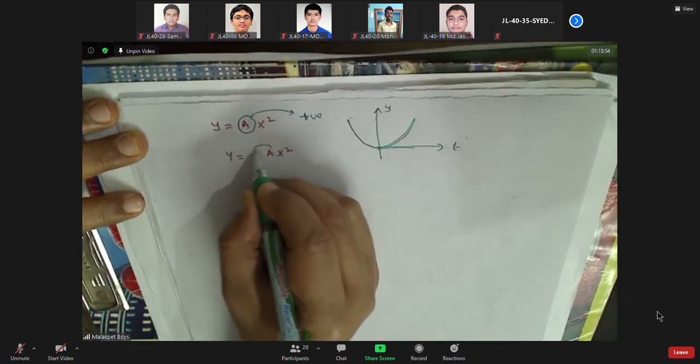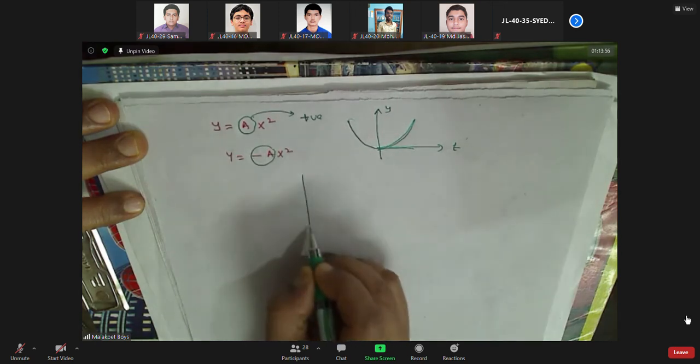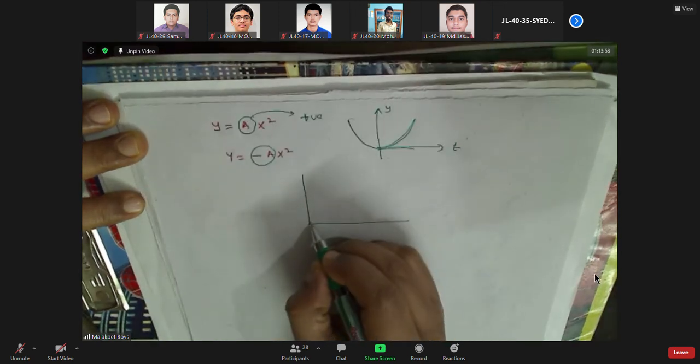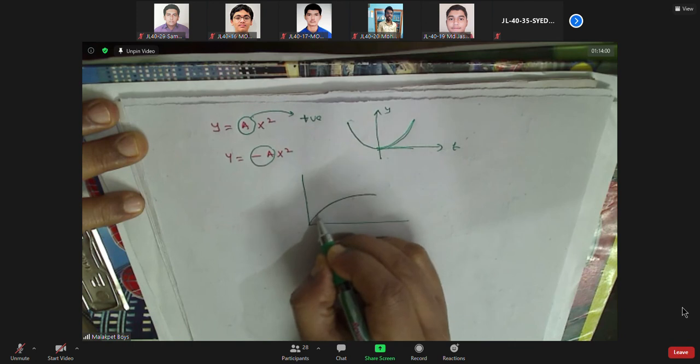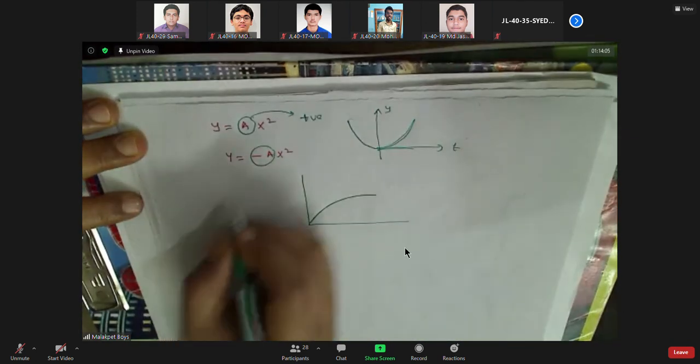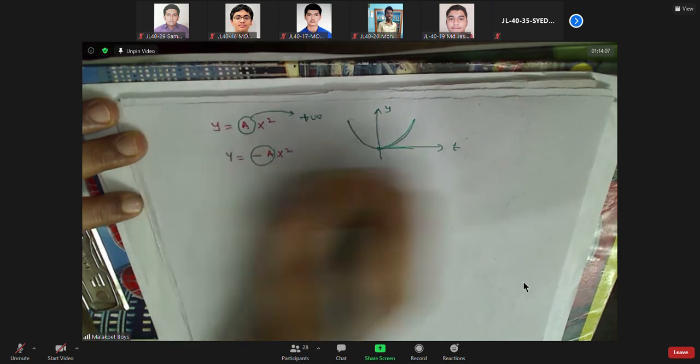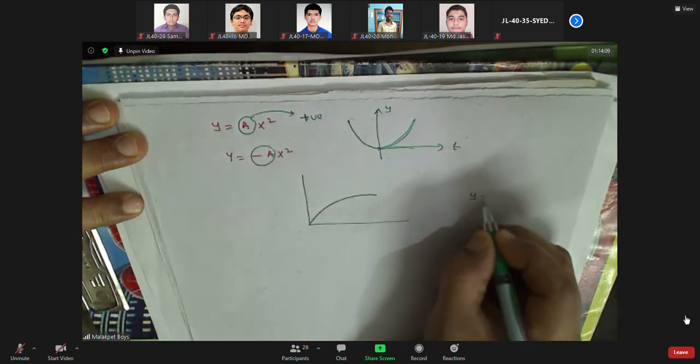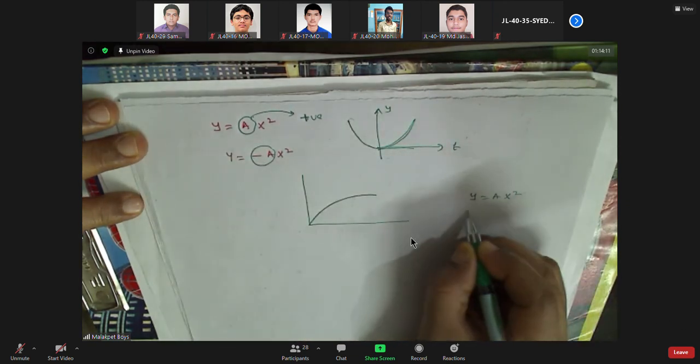Now this is a negative, no? So the parabola will be in which direction? It will be like this. Followed or not? So we call it a parabola that opens upward.